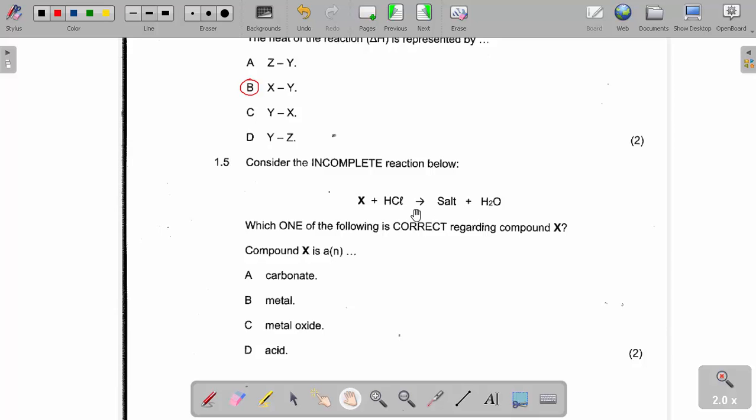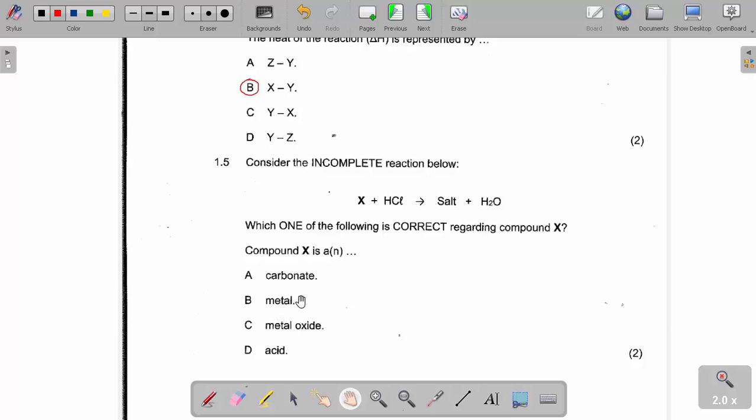If you remember your theory properly, when you add a carbonate plus acid, you get a salt plus carbon dioxide gas. When you add a metal plus an acid, you get a salt plus hydrogen gas. But when you add a metal oxide plus an acid, you get a salt and water.